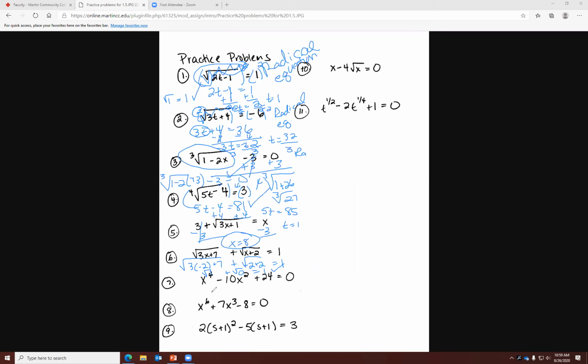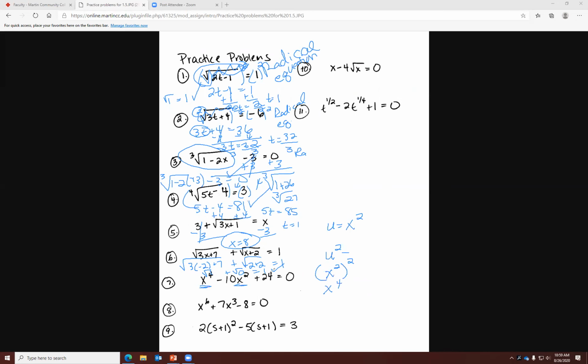There's no GCF, I can't pull out, but I see that there's an x squared here, and this is an x to the fourth. So when you see that, you think, okay, what if I let a u be x squared? And so what that means is if I let u be x squared, this technically would be the same thing as u squared, right? Because if I did x squared to the second power, wouldn't that be the same as x to the fourth? Yes.